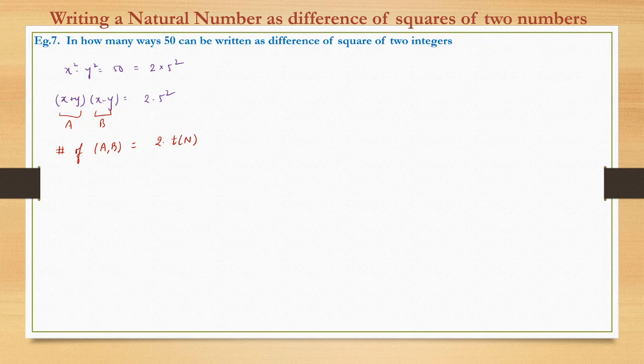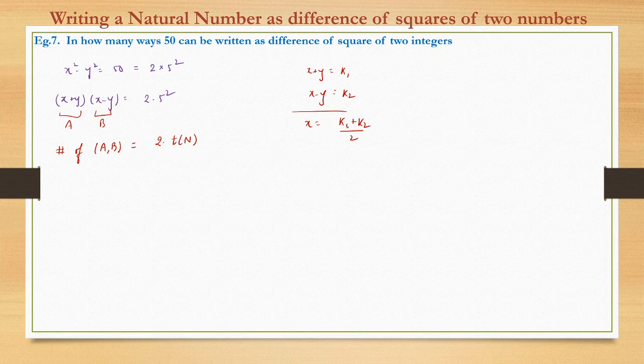It would have been 2 times the number of factors, but we need to be careful here. See why I'm saying careful: let us say x plus y is equal to k1 and x minus y is equal to k2. So we have to get the integral values of x. So x is nothing but k1 plus k2 by 2, where k1 and k2 are the factors of number n, right?